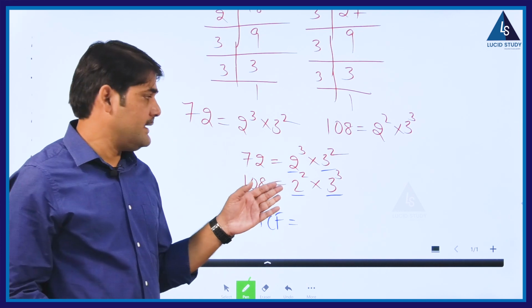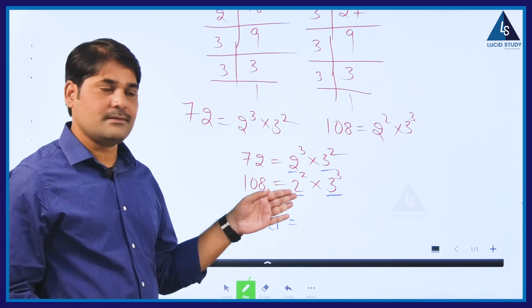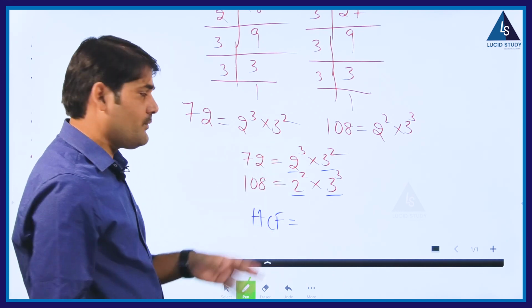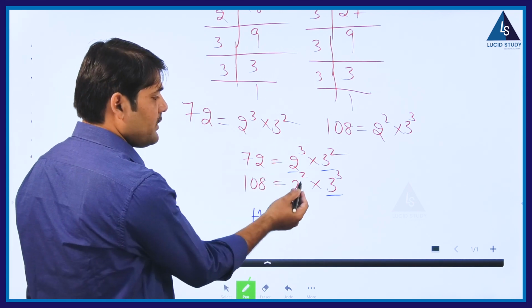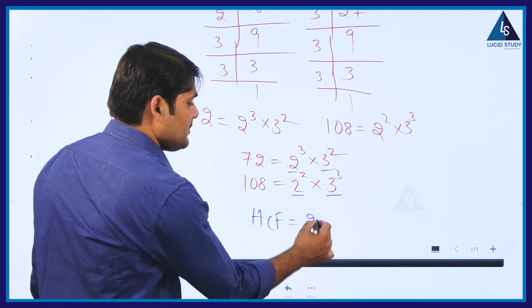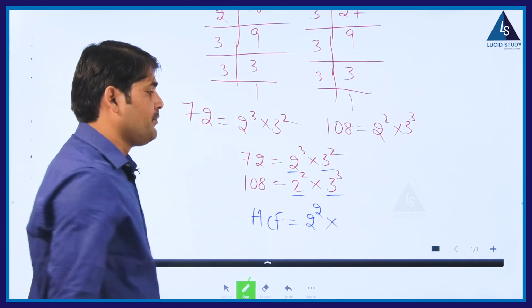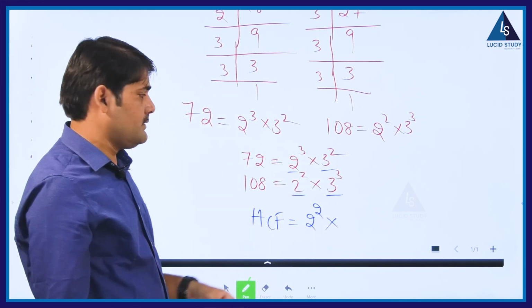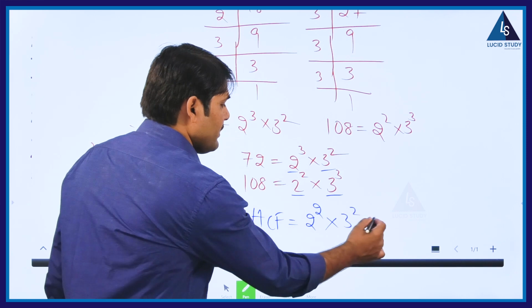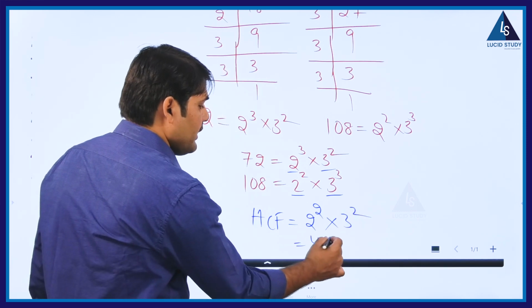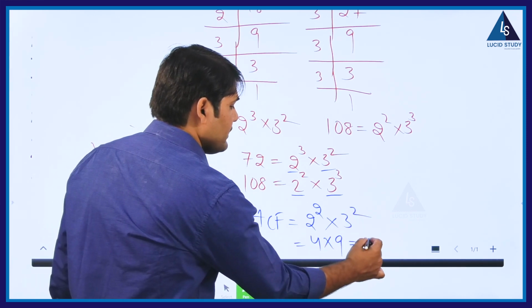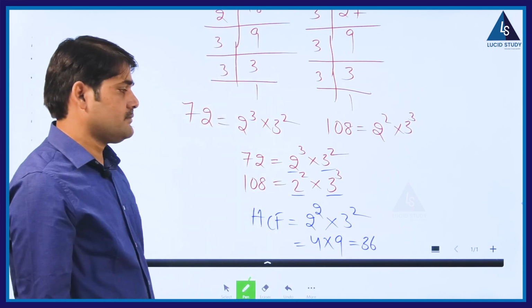HCF is the least power of the common factors. So what is least here? 2 power 3 here, 2 power 2 there. So least power is 2 square. And for 3, the least power is 3 square. So 2 square is 4 into 3 square is 9, that is equal to 36.